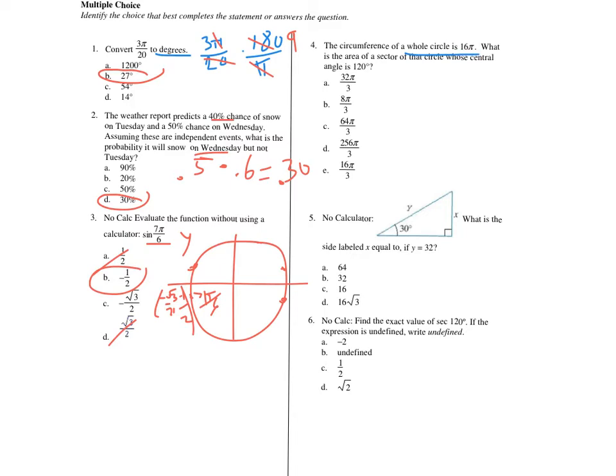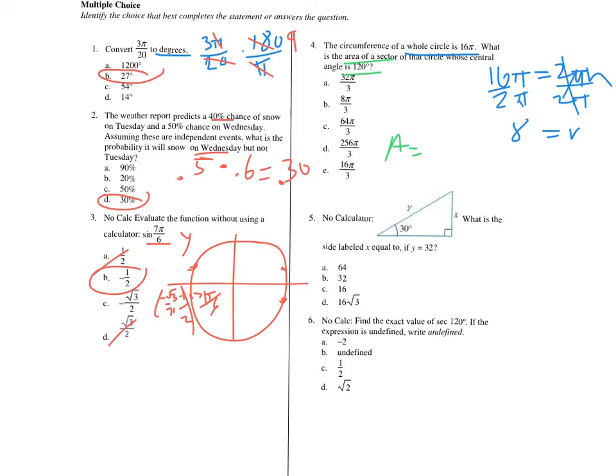All right, next up, number 4 here, it says the circumference of a whole circle is 16 pi. Now, whenever they give me that info, I would set that equal to our 2 pi r and find the radius. So we divide both sides by 2 pi, and we get that r equals 8. And this is what's the area of a sector. And so we're going to switch over to the area formula, but not the whole circle, just the 120 degrees of a circle.